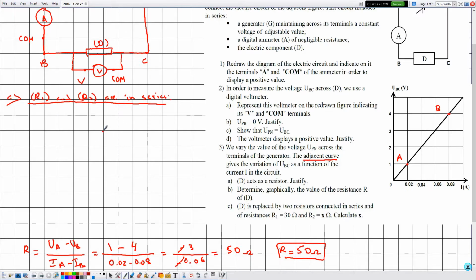So now instead of having the electric component D between the points B and C, we have 2 resistors given by R1 and R2. Then this is R1 and this is R2. The value of R1 is equal to 30 ohms and the value of R2 is equal to X ohms.